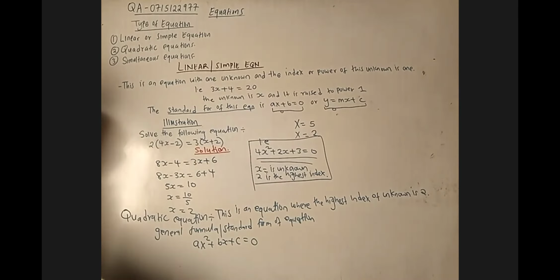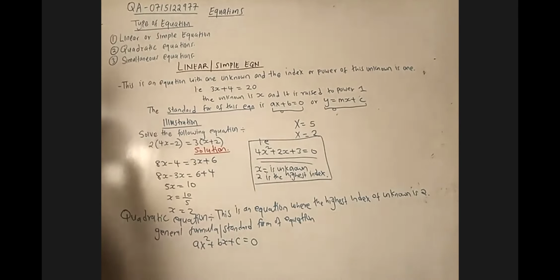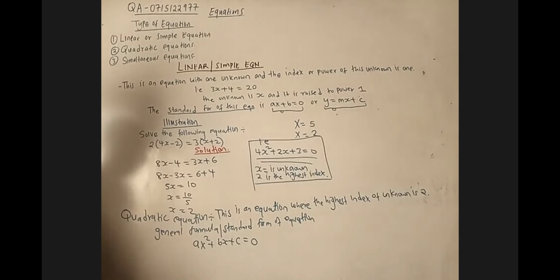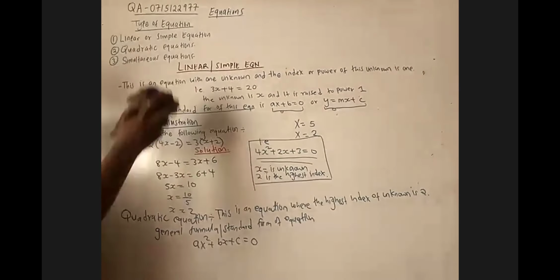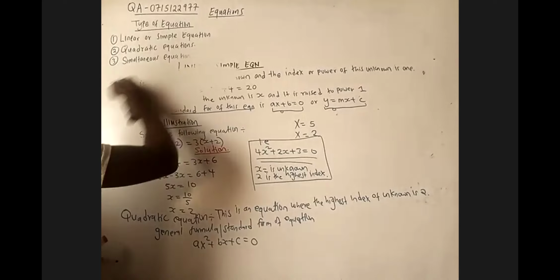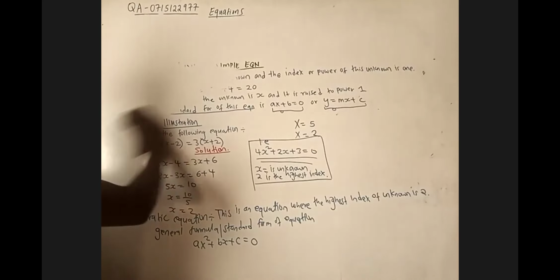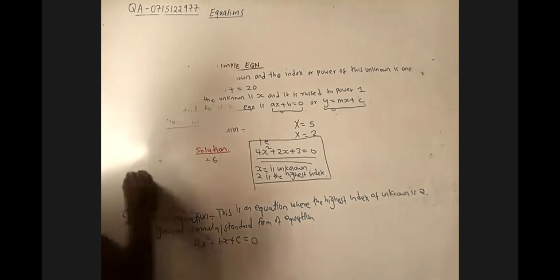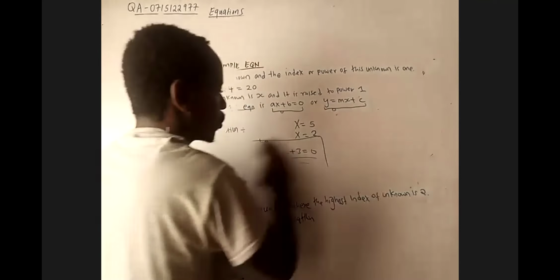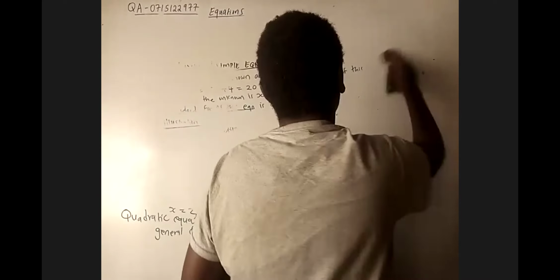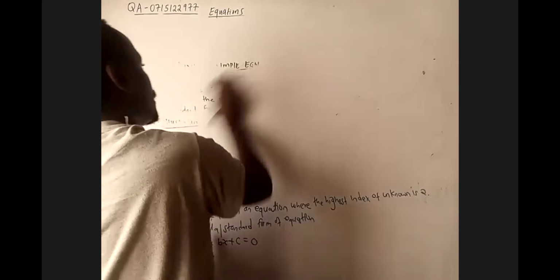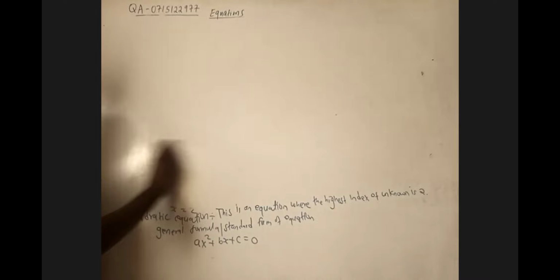So there are two methods of solving this equation. Two methods are used when solving a quadratic equation. Actually there are three, but we shall concentrate on the first two.